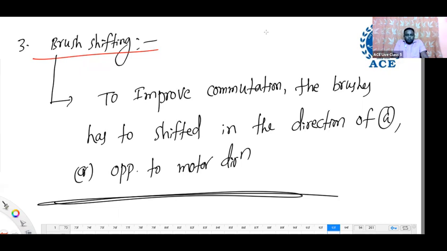If you get two questions in GATE, at least one question will be from speed control. That much important it is. So we'll see that tomorrow, I think 2 to 8:30.